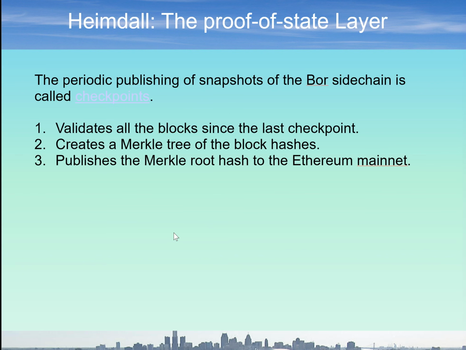So it consists of three functionalities. First, it's going to validate all the blocks since the last checkpoint. So this is more like a database technology. And then it creates a Merkle tree of the block hashes. And finally, it's going to publish the Merkle root hash to the Ethereum mainnet.